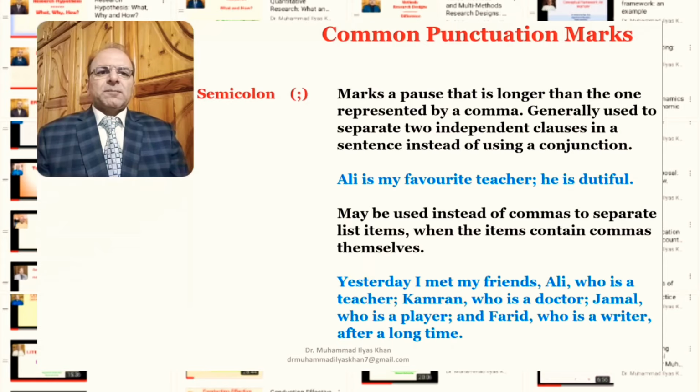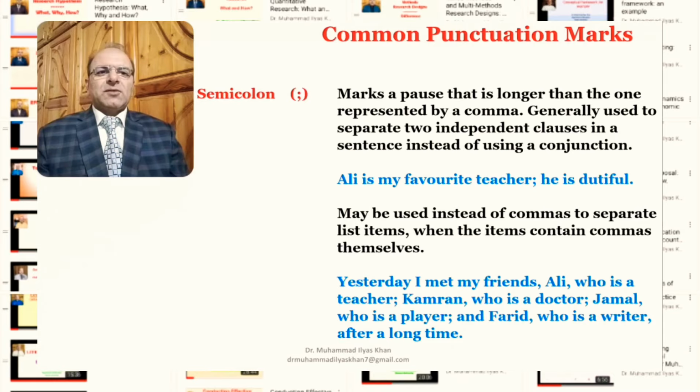So to read it, yesterday I met my friends Ali, comma, who is a teacher, semicolon, Kamran, comma, who is a doctor, semicolon, Jamal, comma, who is a player, then semicolon, and Farid, who is a writer after a long time.